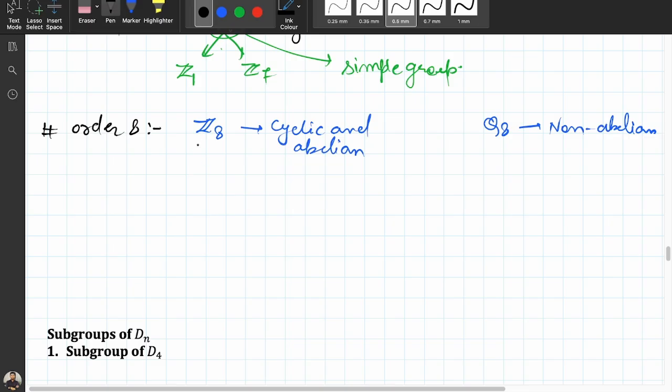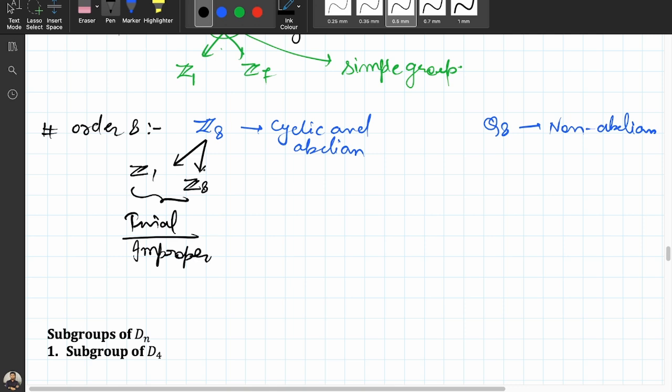So from here, what are the subgroups? Z1 and Z8, both are trivial, or simply we can say improper. Next, other ones, Z2 and Z4. What about Q8?